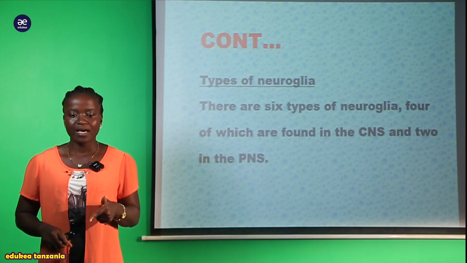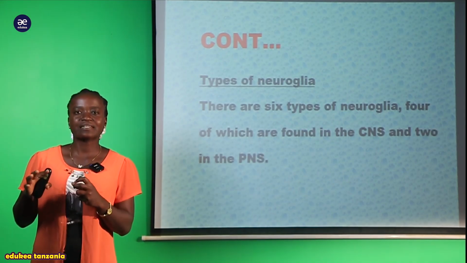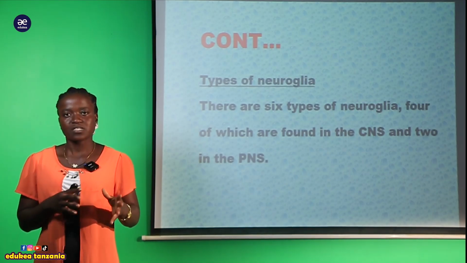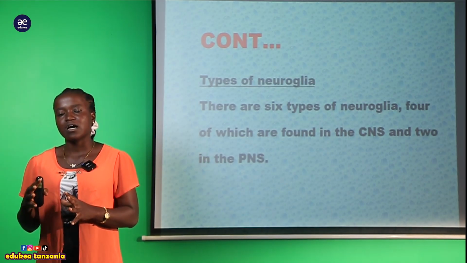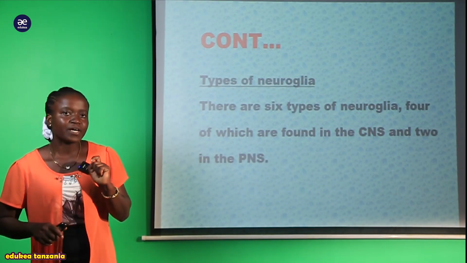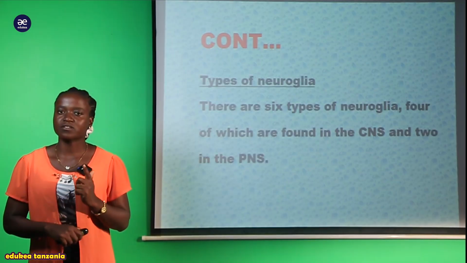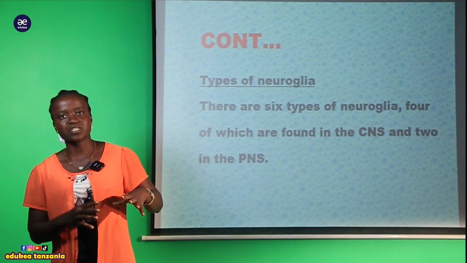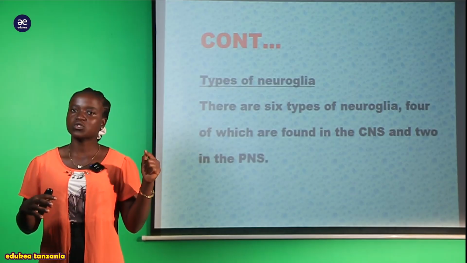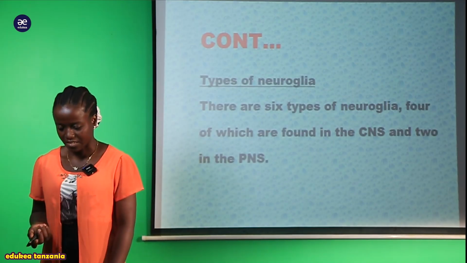That means 4 types of these neuroglia are found inside the central nervous system. When we say central nervous system, meaning including the brain together with the spinal cord. But 2 of which are found in the peripheral nervous system, that is from the cranial nerves and the spinal nerves. That is where you meet these two types of the nervous system.